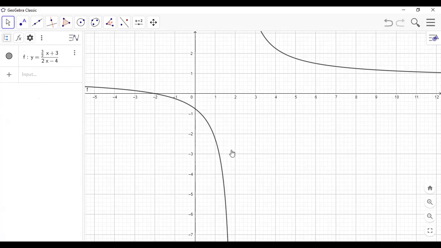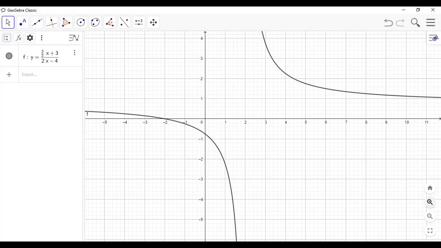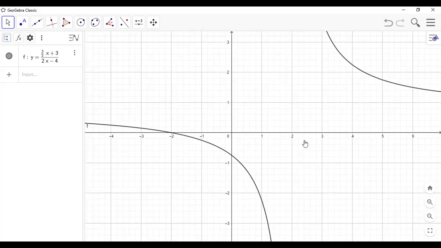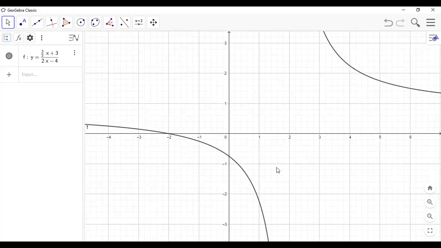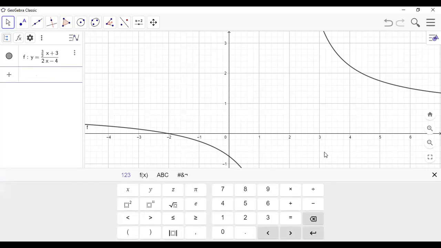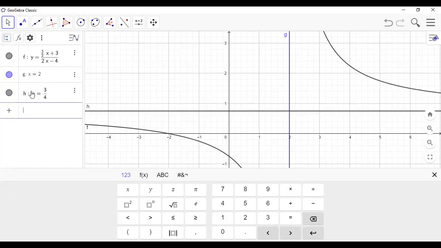So ito, class, yung graph niya. This is hyperbola. Actually, hindi niyo ito madidiscuss kasi pang pre-calculus to eh, pero yung concept lang ng graph, ayan siya. Okay, so ano na nga yung kinompute natin kanina? X is equal to 2, and y is equal to 3/4.